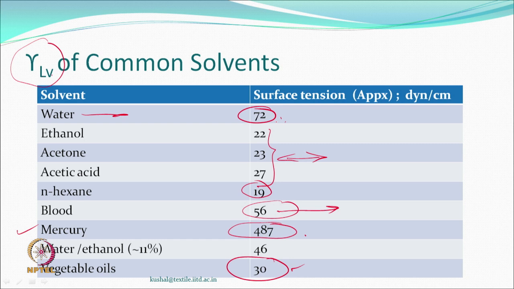If you have mixtures, the surface tension keeps changing depending upon how much of the other compound you have added, let us say 11% ethanol. If you add it to water, the surface tension changes. And so, one has to see what liquid we are talking about.